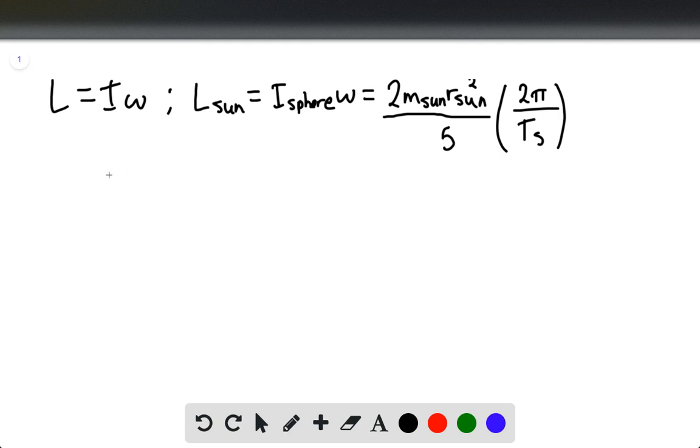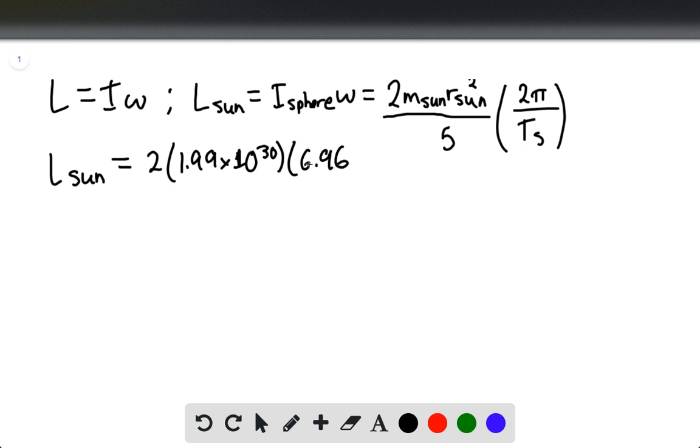So we can say that L of the sun equals 2 times 1.99 times 10 to the 30th. And these are all tabulated values, so you simply need to look in any physics textbook in order to find these values.